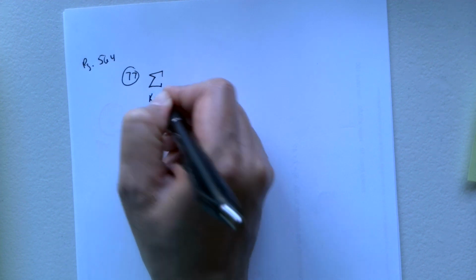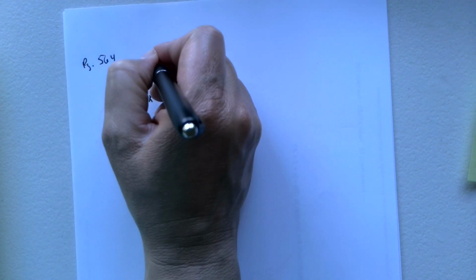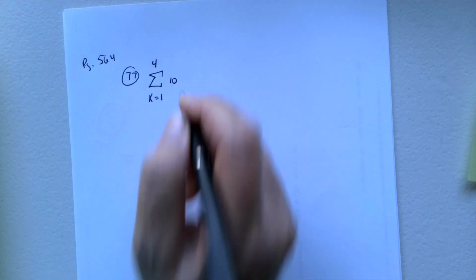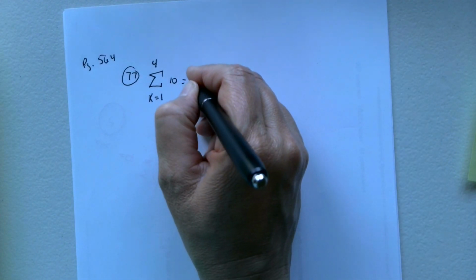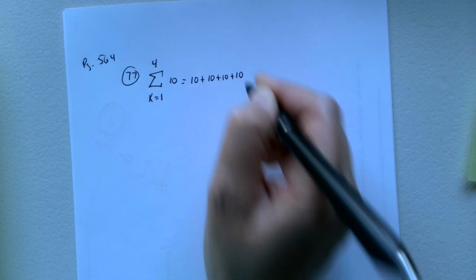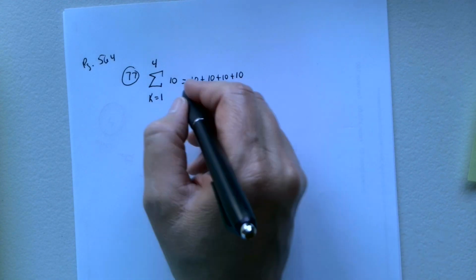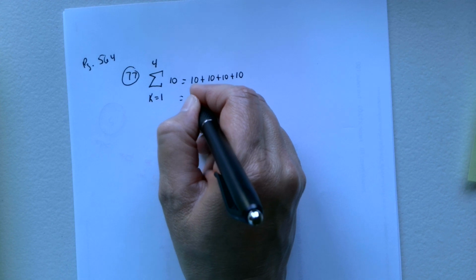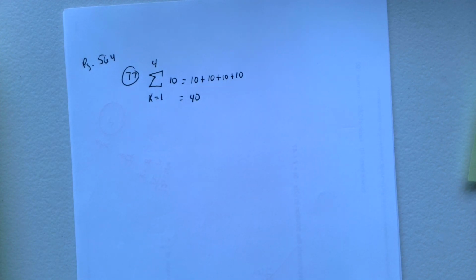We're using k, and we're going to start at 1 and go to 4, and they just have a 10. That's kind of strange. So all of our terms are 10. So this would be my first term, my second, my third, and my fourth. And 10 plus 10 plus 10 plus 10 is 40. Okay. I just kind of wanted to show you that one.